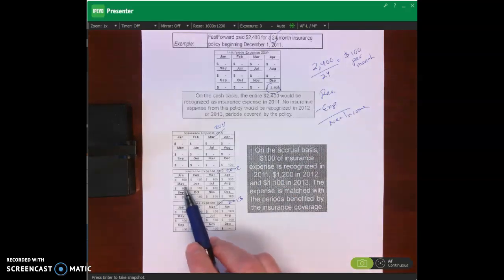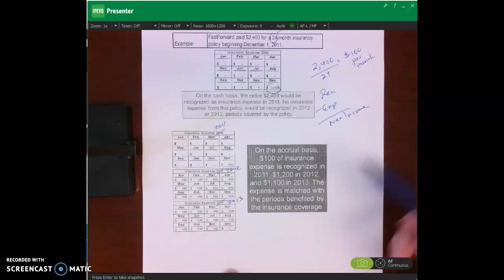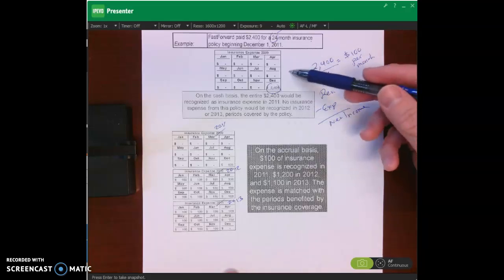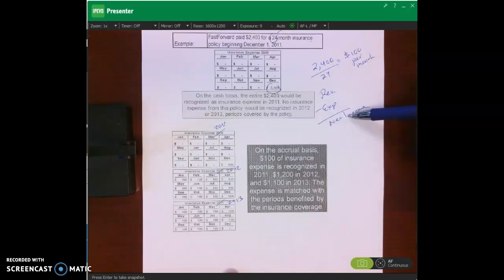And then look at 2012. I recognize $1,200 in 2012. And then in 2013, I don't have to go to that December down here, so it's just $1,100. So let's look at the effect of this method versus this method on net income.